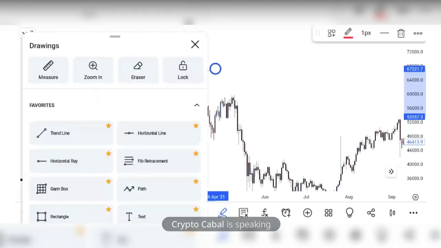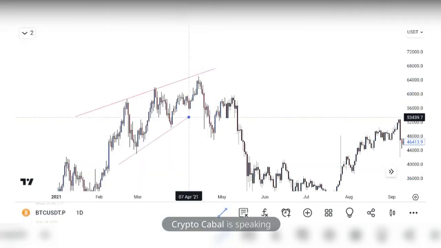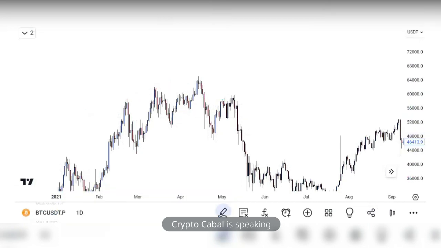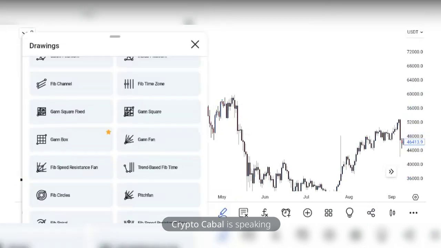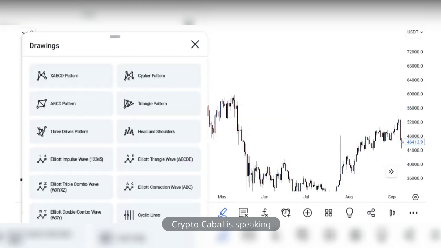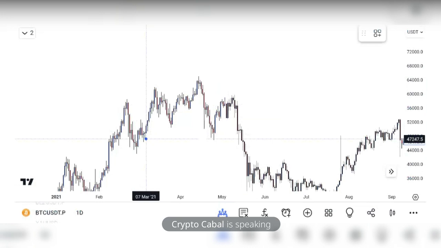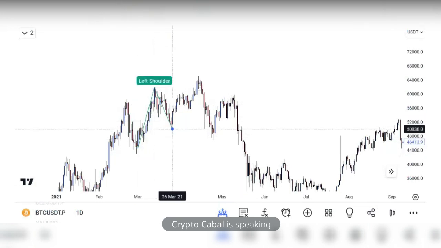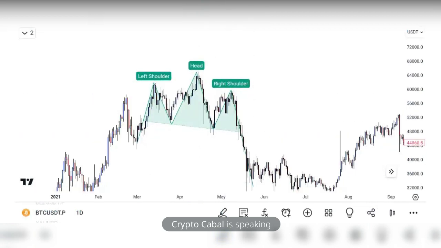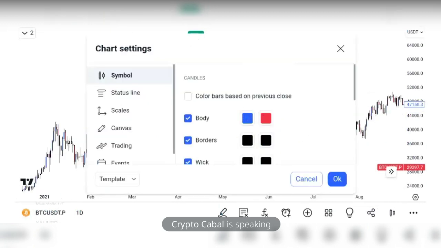Let me bring out a tool that we use to mark the head and shoulder pattern. This is the left shoulder, this is the head, this is the right shoulder, and did you see how it's formed? From an uptrend to a downtrend, something like this.